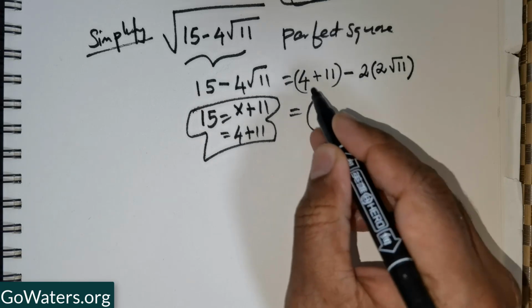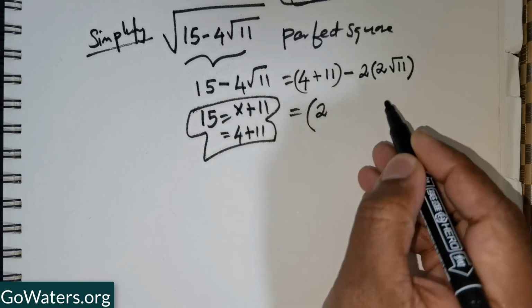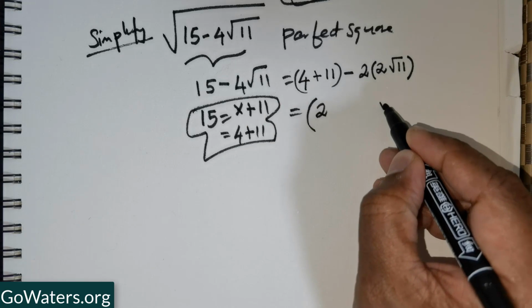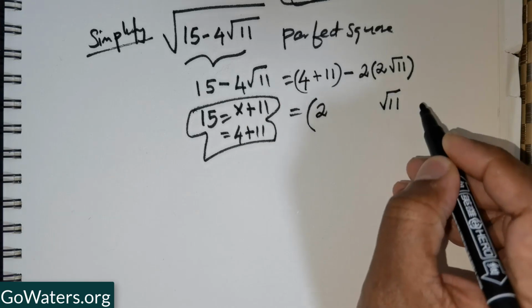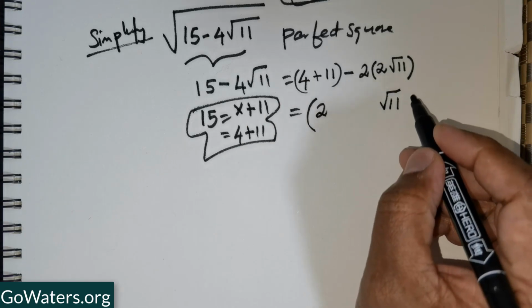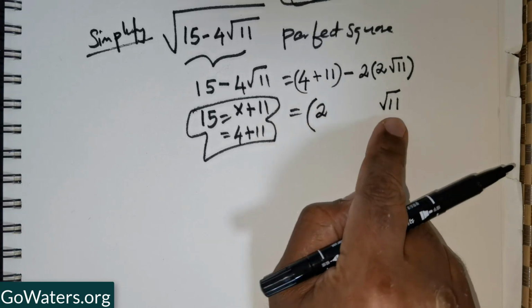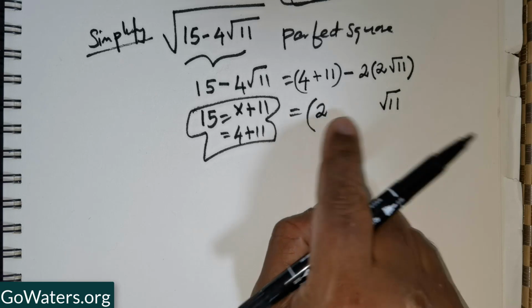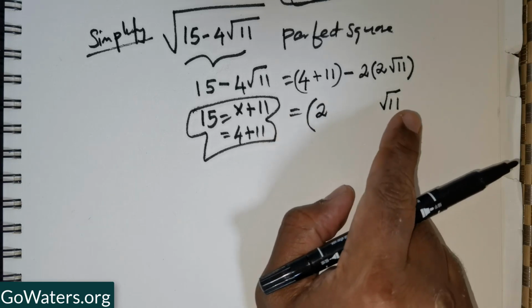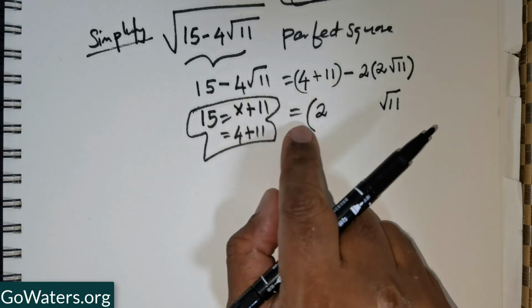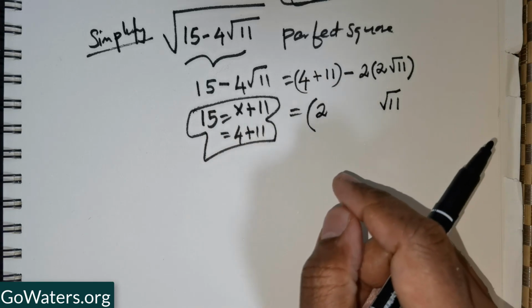If I have the first term 2 and the second term root of 11, upon squaring 2, I would get 4. Upon squaring root 11, I would get 11. 4 added with 11 would give me 15. So the first term is already obtained.